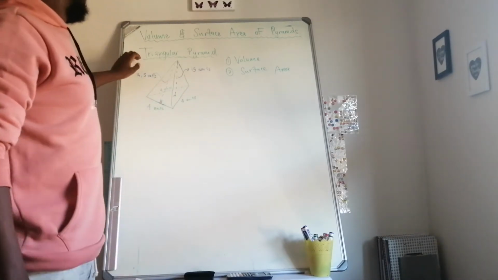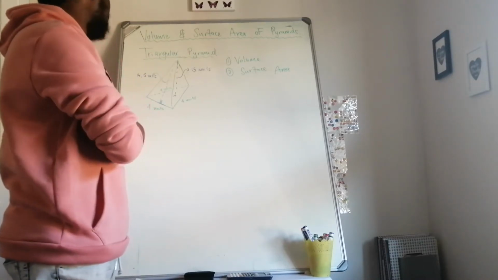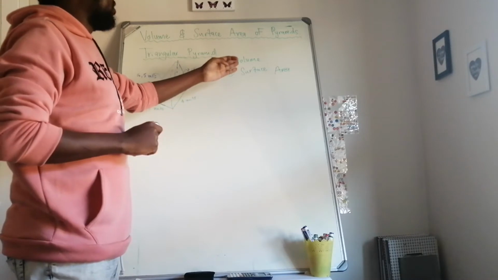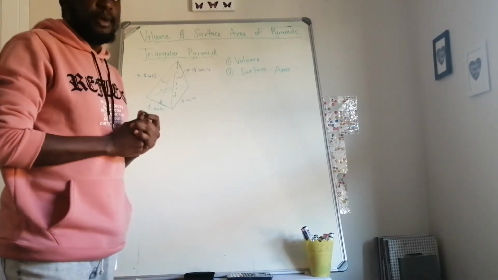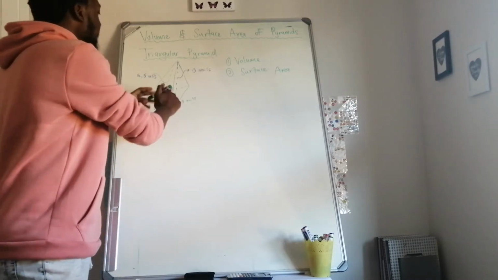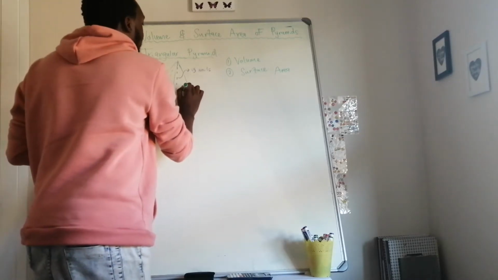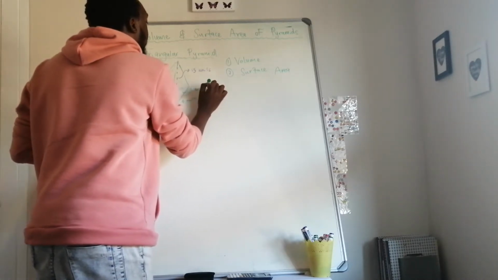So today we're doing a triangular pyramid, and we're going to look at how we go about finding the volume and surface area of a triangular pyramid. If you look at it, we have a base that is a triangle, obviously, because it's a triangular pyramid.